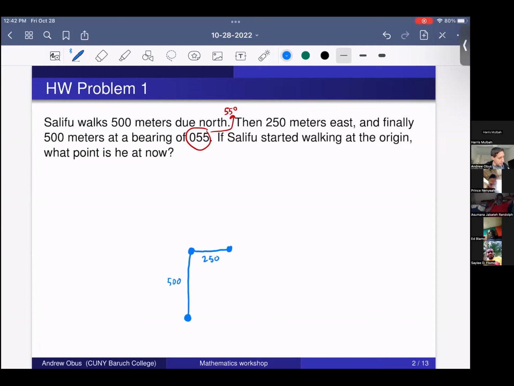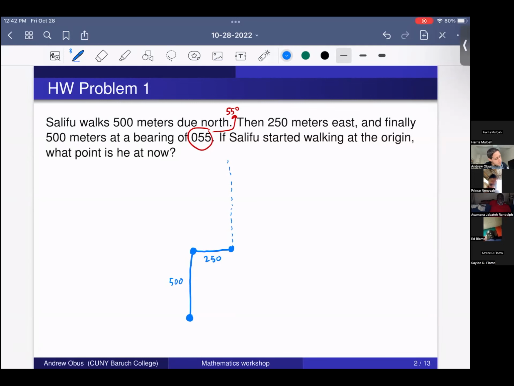What does this mean? Remember, we're just going to draw this northern line, and a bearing of 055 means that we have an angle 55 degrees clockwise from this upward pointing line. So a bearing of 055 is going to be something like this, where this angle is 55 degrees.